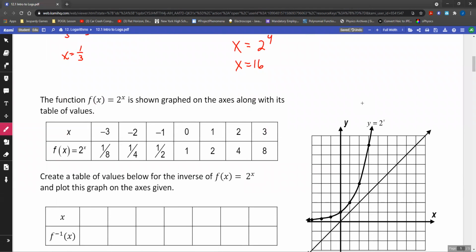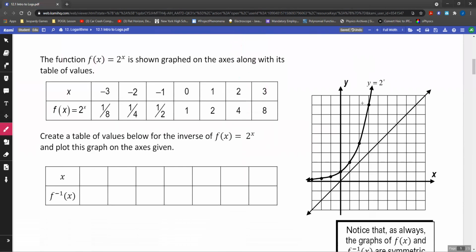So down here, we have a function given to us, 2 to the x, and they give us these variables, and they plot this over here. Now they want us to do the inverse of this function. Now, the way the inverse works, if you forgot, is something like this. Let's say you had y equals 5x plus 3.